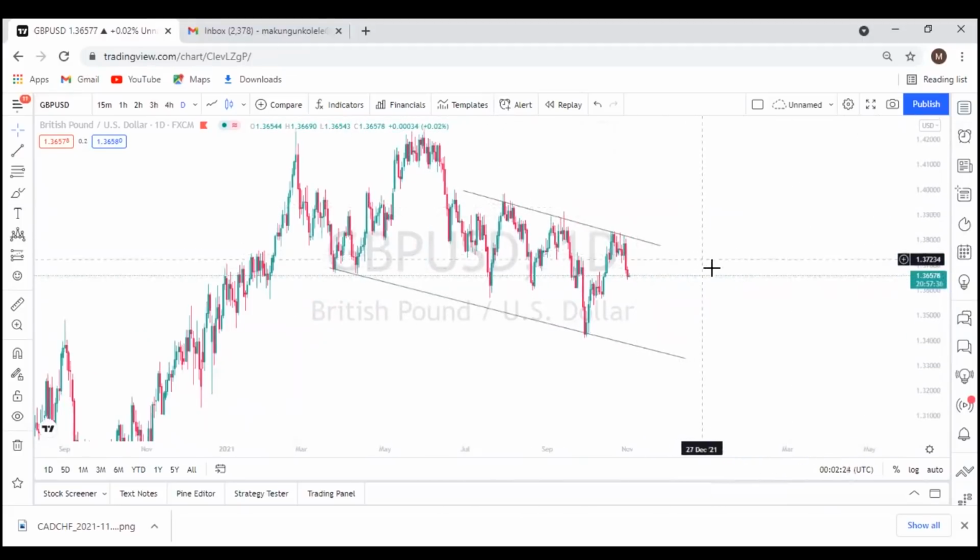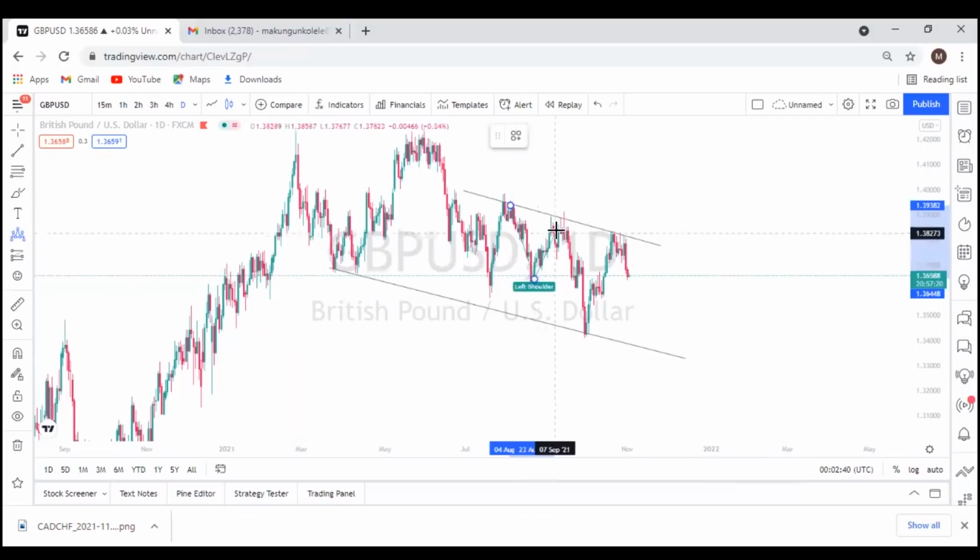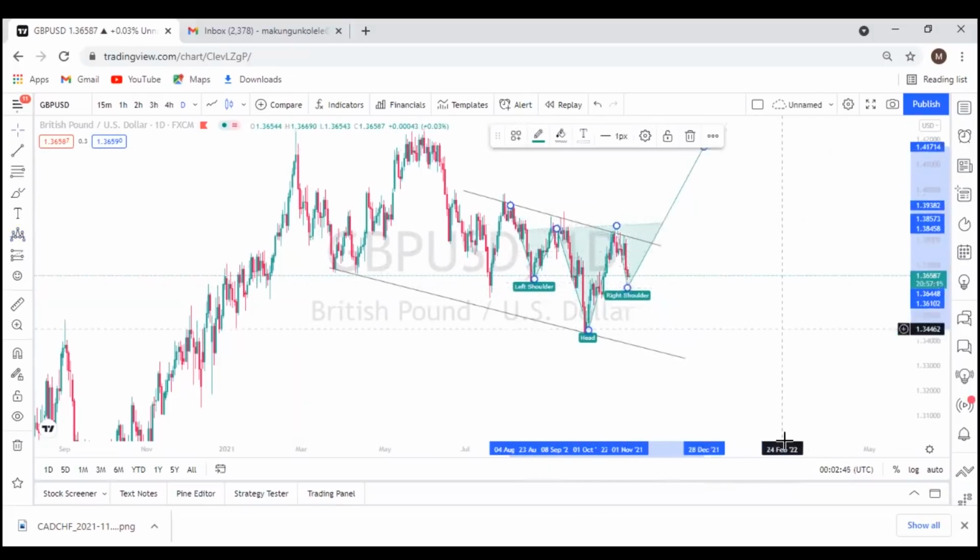So right now we are within this descending structure, and we don't have enough confirmation to confirm where we could be going, because there are several possibilities. This is the first one. We might have an inverse head and shoulders, right?